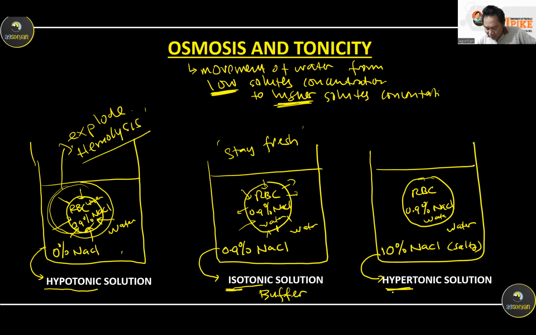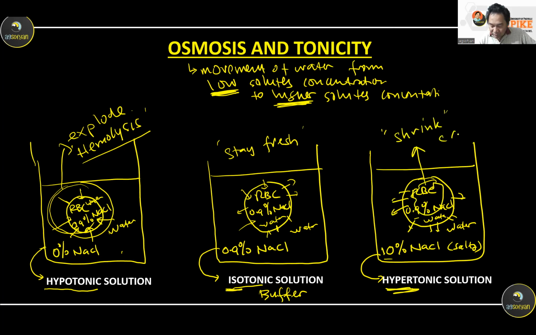Now look at what happens with the hypertonic solution. Remember, water moves from low to higher. Inside is lower, 0.9, and outside is higher, 10. So the water will go out from the cell. The cell becomes smaller, shrinking.